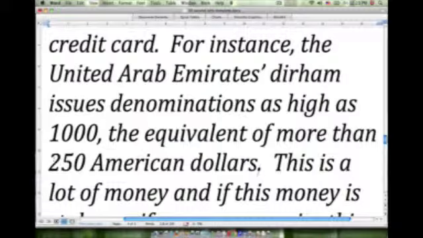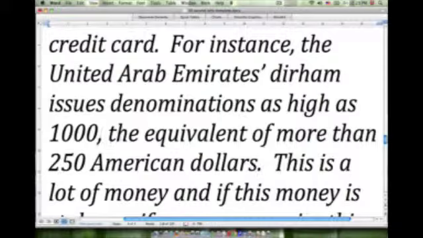For instance, the United Arab Emirates dirham issues denominations as high as 1,000, the equivalent of more than 250 American dollars. Okay, the example is simple, the example is clear.